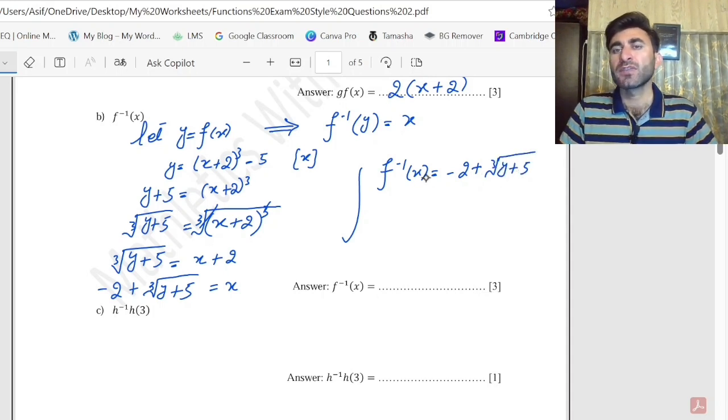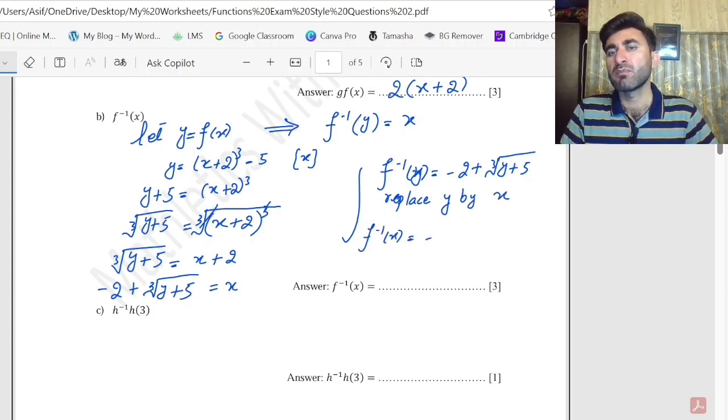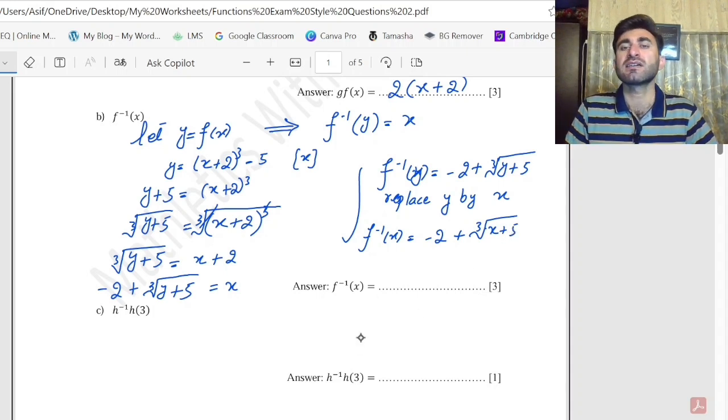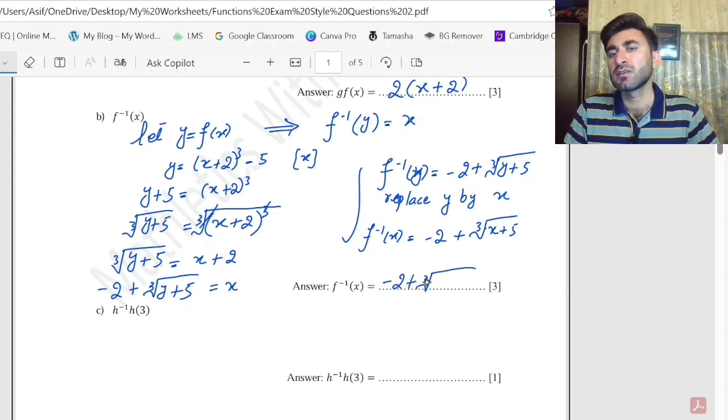Because we need f inverse of x, not y, we can just replace y by x. So f inverse of x becomes minus 2 plus the cube root of (x plus 5). That is the value of f inverse of x, and it should be written over here.